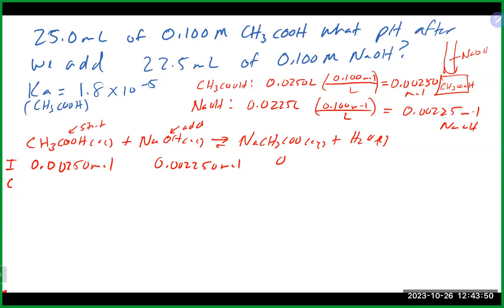What I am starting with is more moles than what I'm adding, or vice versa, what I'm adding is less moles than what I'm starting with. So we are definitely before the equivalence point. So we will use the sodium hydroxide as our limiting reagent in this case.